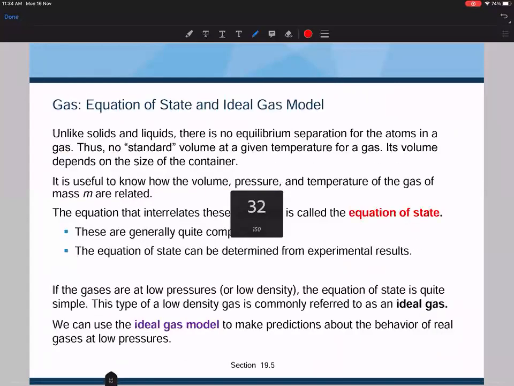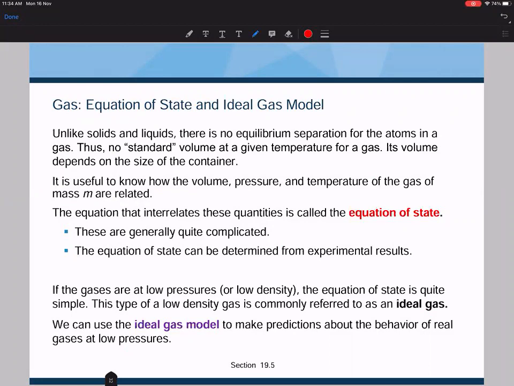At the end of the last lesson, we talked about the ideal gas law, which is one special case of the equation of state. The equation of state describes the macroscopic behavior of a material.